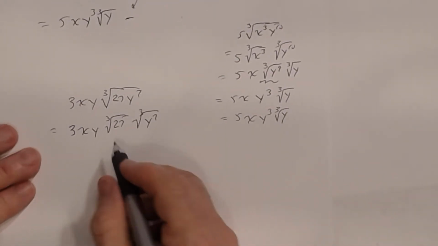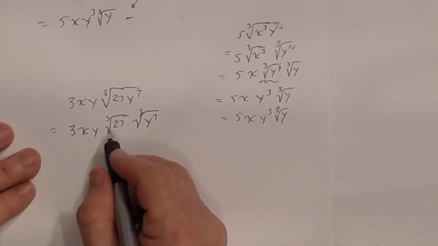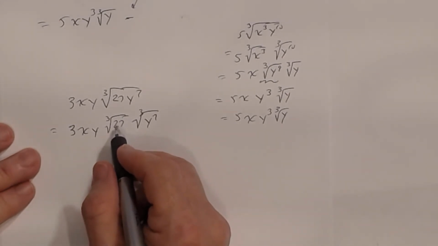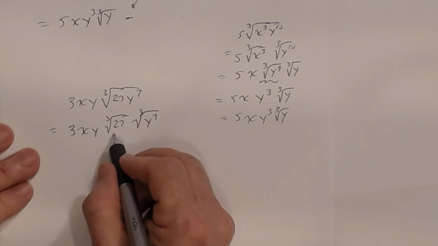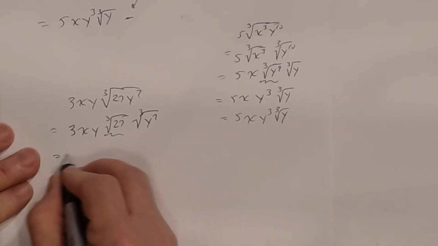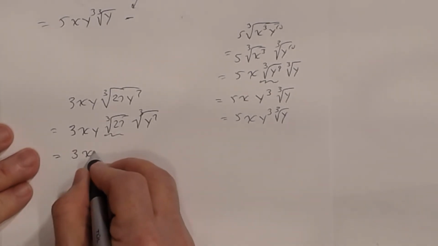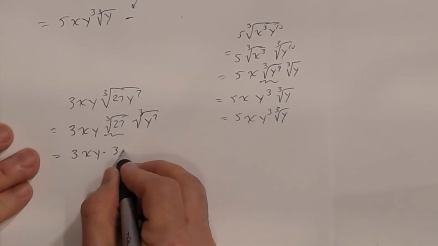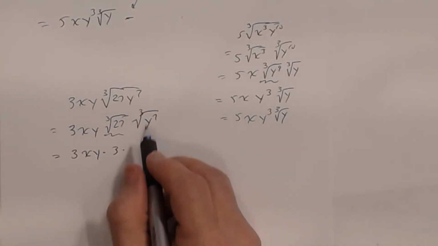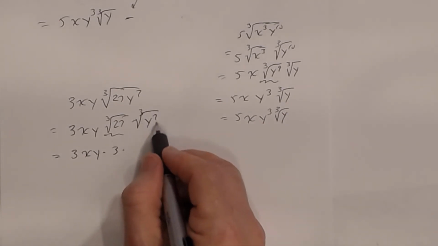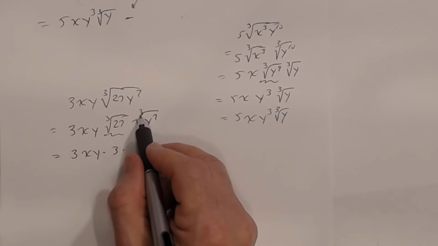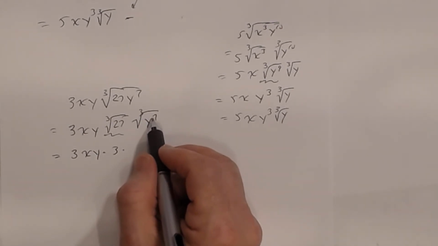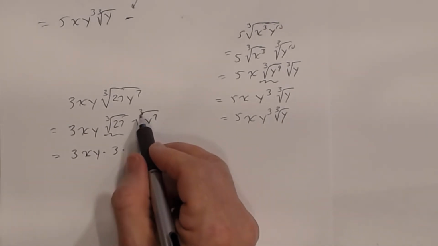Okay? And look at this cube root of 27. You all know that 27 is a perfect cube. What's the cube root of 27? Well, what times itself 3 times is 27? Well, that's 3, right? So right away, so far I have 3xy times 3. Now let's talk about this. I can simplify the cube root of y to the 7th because 7 is greater than or equal to 3. But it's not that simple because 7 is not divisible by 3.